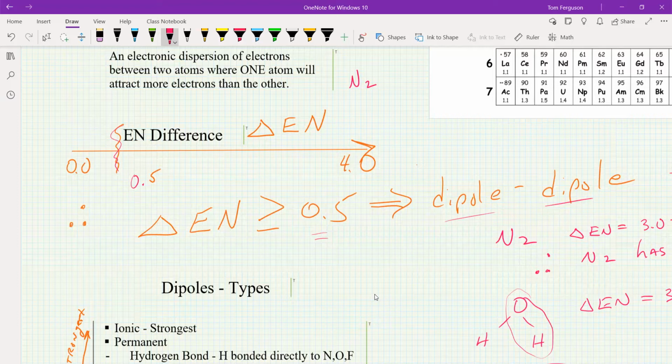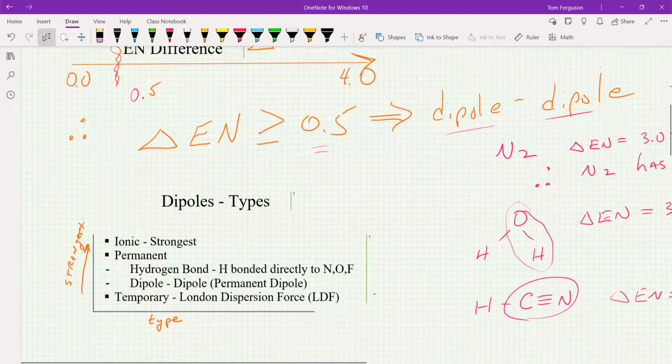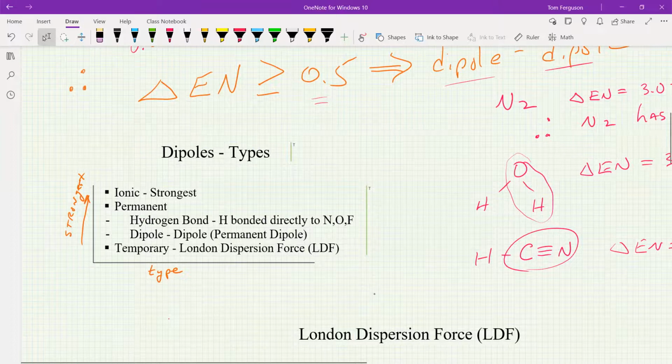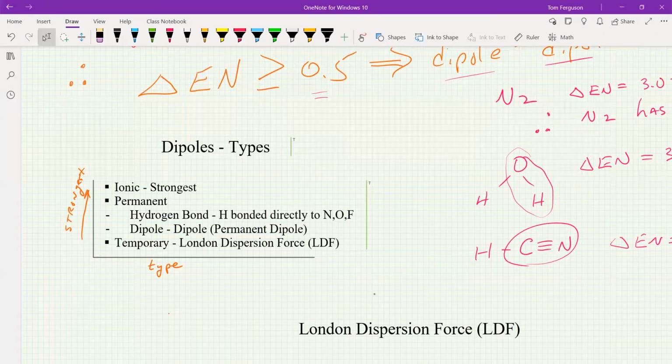So if we were to look at the types of dipoles, there are 3 main types. There's something called ionic, which is the strongest.